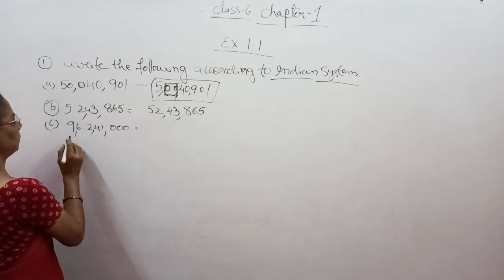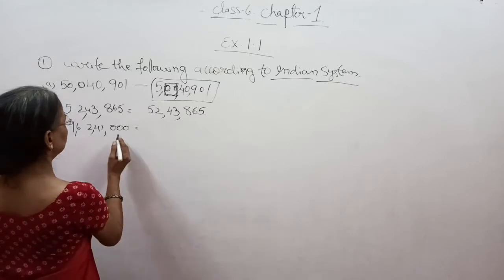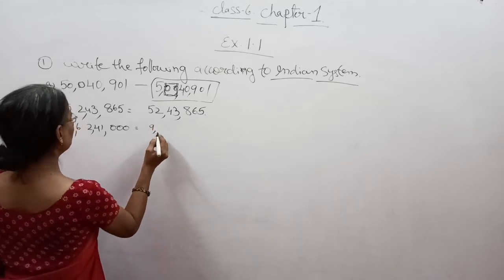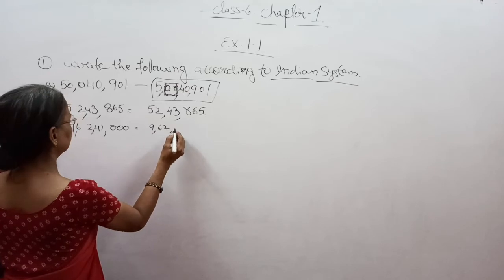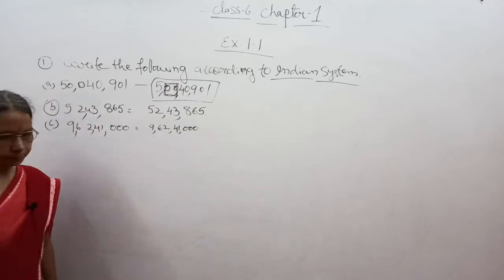Then we have to put another comma in between 9 and 6. That is 9 crore 62 lakh 41,000.